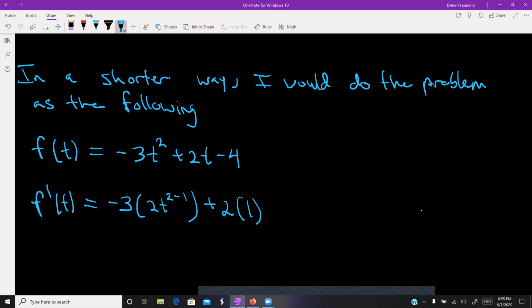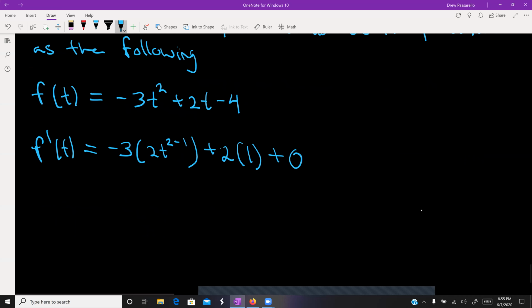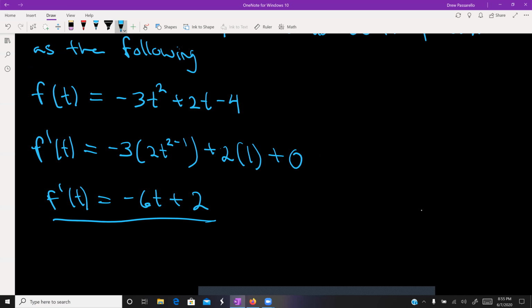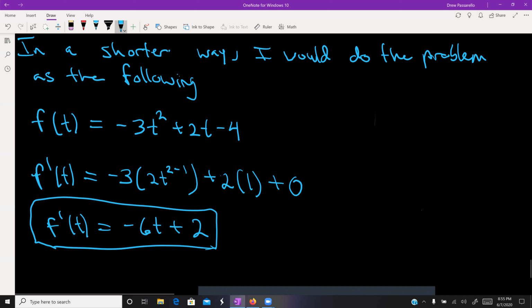So the constant rule makes the derivative of -4 turn into 0. So it'd be plus 0. All right, so then that's going to give me -6t plus 2.